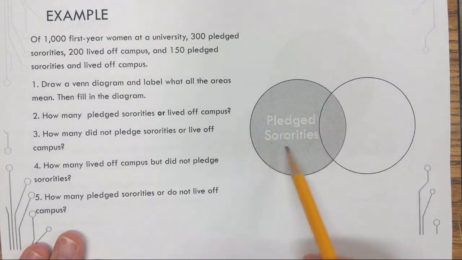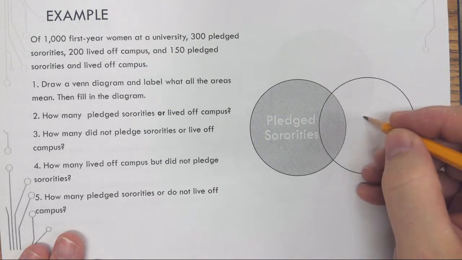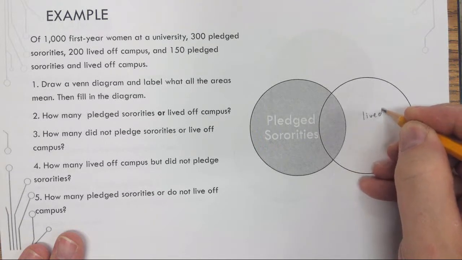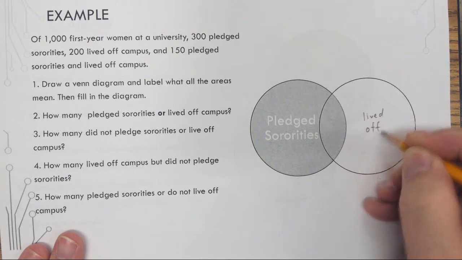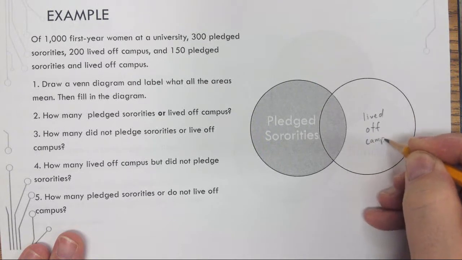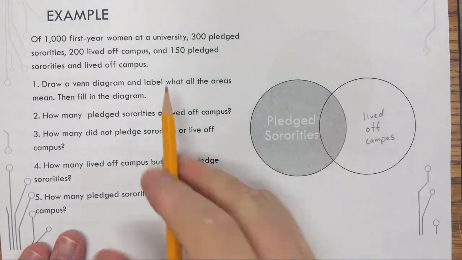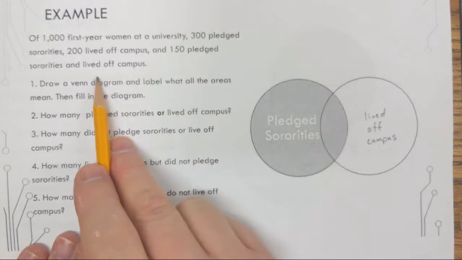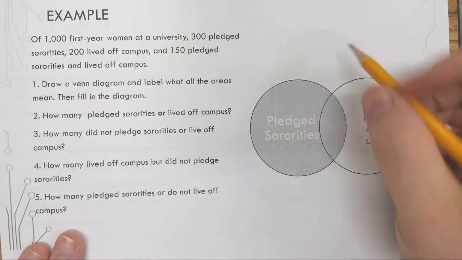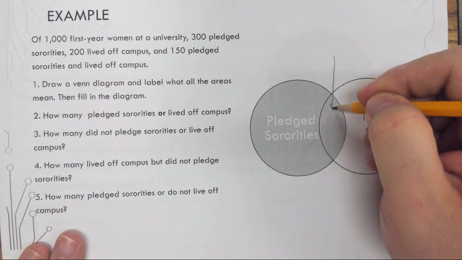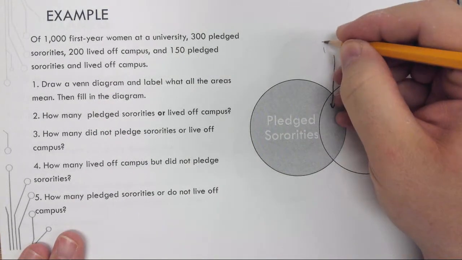So here I've written in pledged sororities in the shaded area. Well, and then over here, the ones that did not pledge sororities, they lived off campus. Okay? And then right here in the middle, we had 150 that pledged sororities and lived off campus, so that's what these guys are right here.